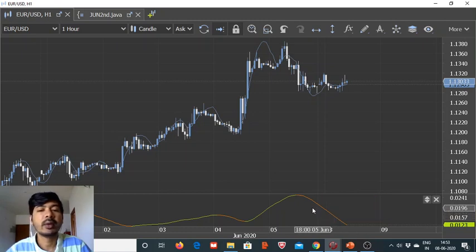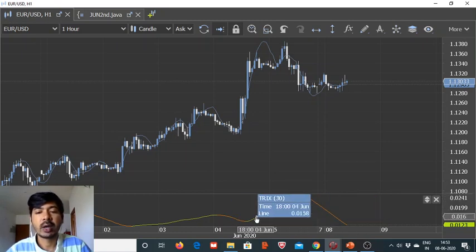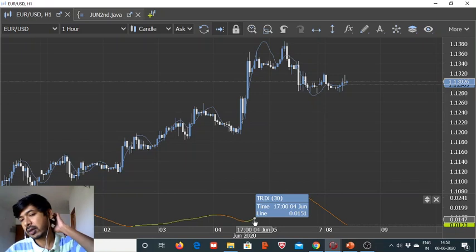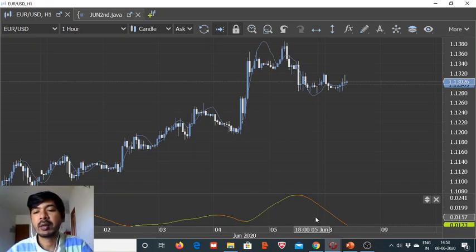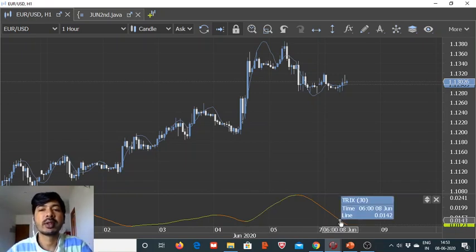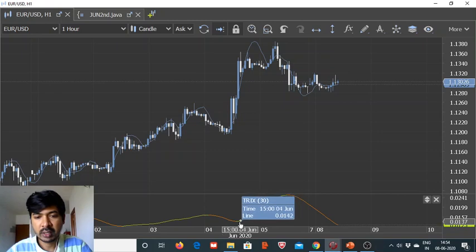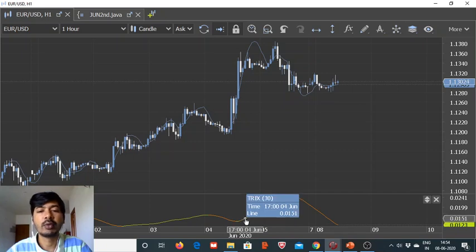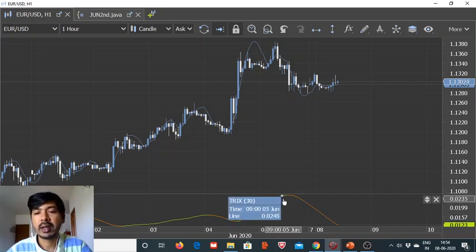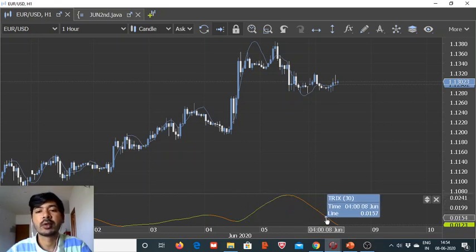We will need the absolute value to be above 0 and rising for the buy trade, and below 0 and falling for the sell trade, and then the TSF comes into play. As you can see here, starting from 14 GMT of 4th June, the TRIX values are rising, and that lasts till almost 12 GMT of 5th June, and then the value starts to fall.